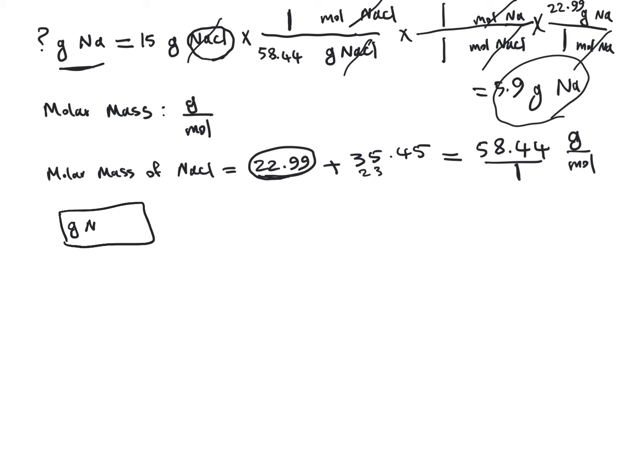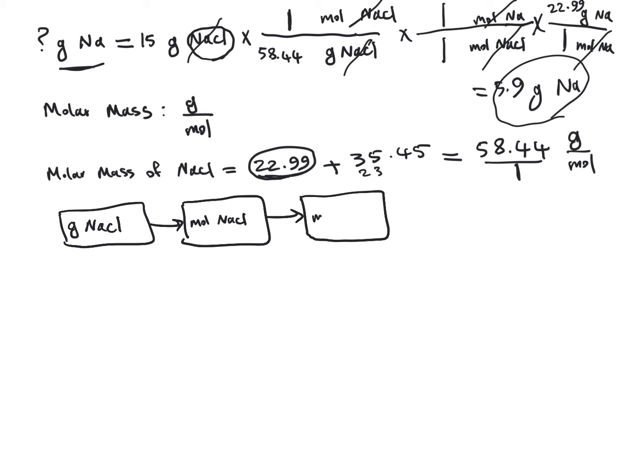So I'm going to write this really quick. You remember, you first convert the gram to mole, and then moles of sodium chloride, or your compound, to a specific element, or vice versa. And then convert it to the grams of sodium.